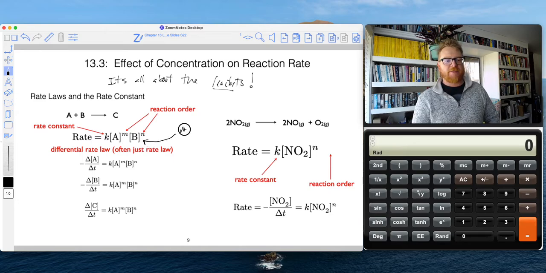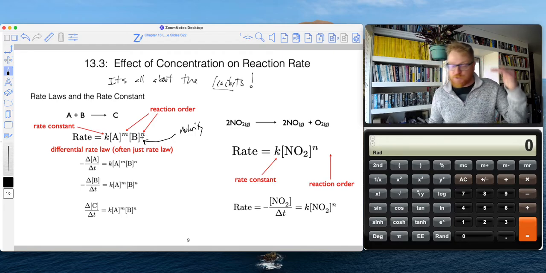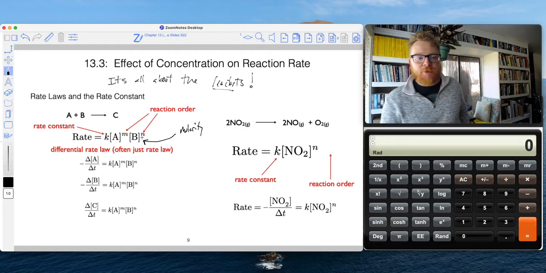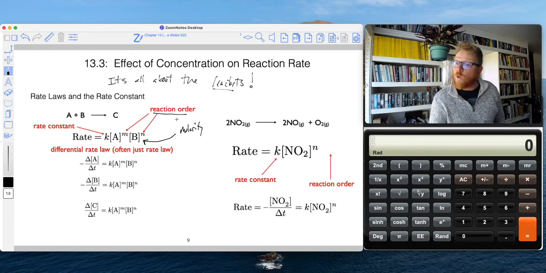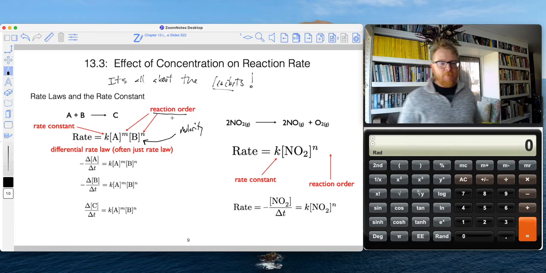That's molarity because it's in the brackets. We say reactant 1 times reactant 2, so A times B, and we also have to raise those to some power, which is our reaction order. It's very difficult to just look at a reaction and know what the reaction order is, and we're going to talk more about that soon.